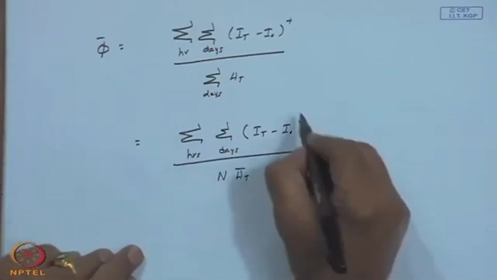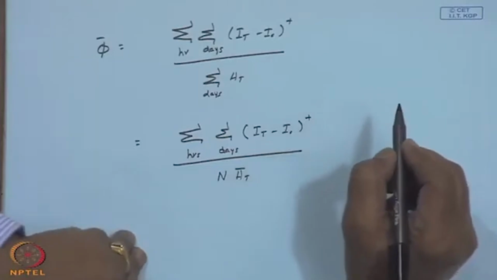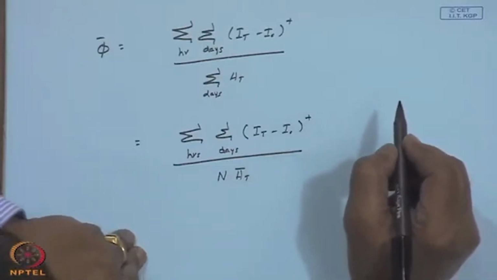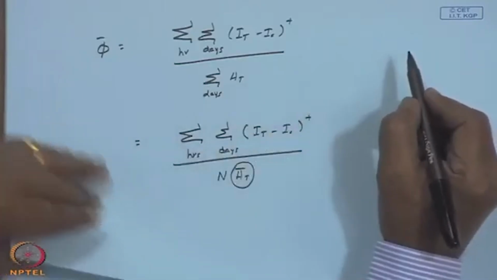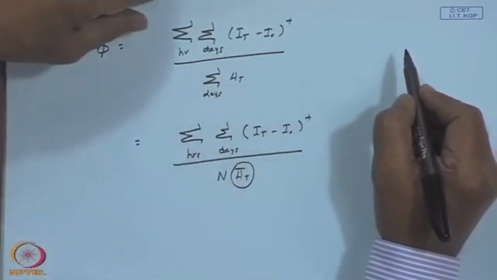One of the reasons why I am writing this, though it is very simple algebra, is that now you will understand why we were worried about calculating H t bar, tau alpha bar, etcetera, in the beginning.